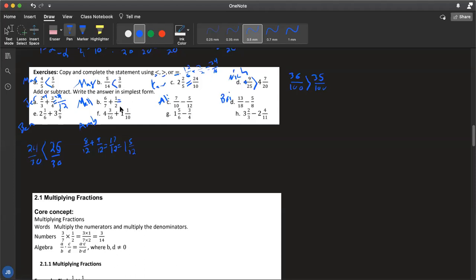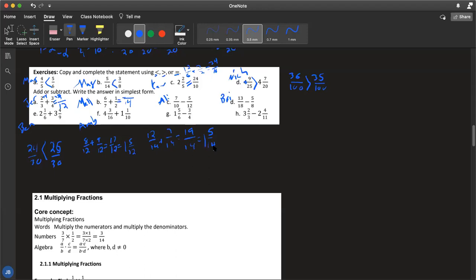So I did 7 times 2 and that equals 14. Then I did 1 times 7 and 6 times 2 and I got 7 and 12. So I added those together and I got 19 over 14, but I changed that to 1 and 5/14. Perfect. 1 and 5/14. Great.